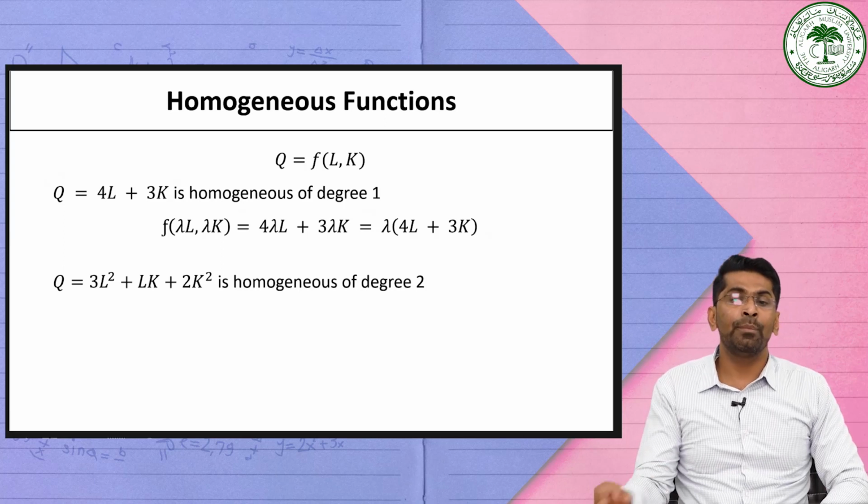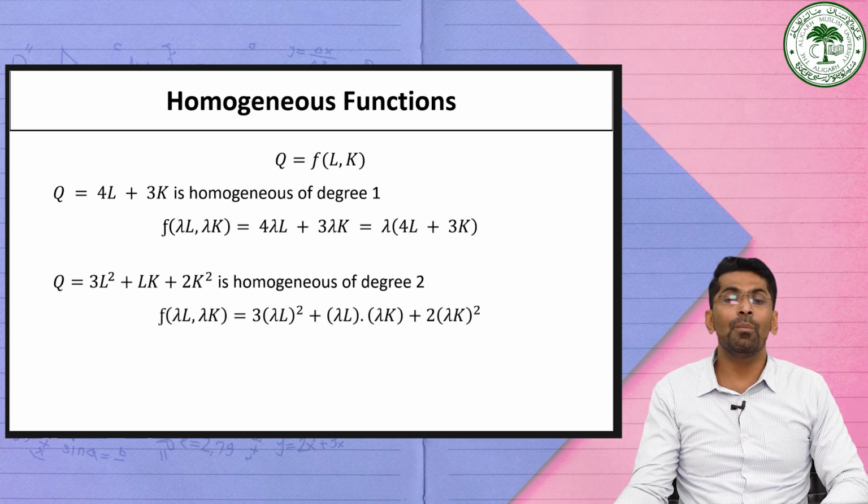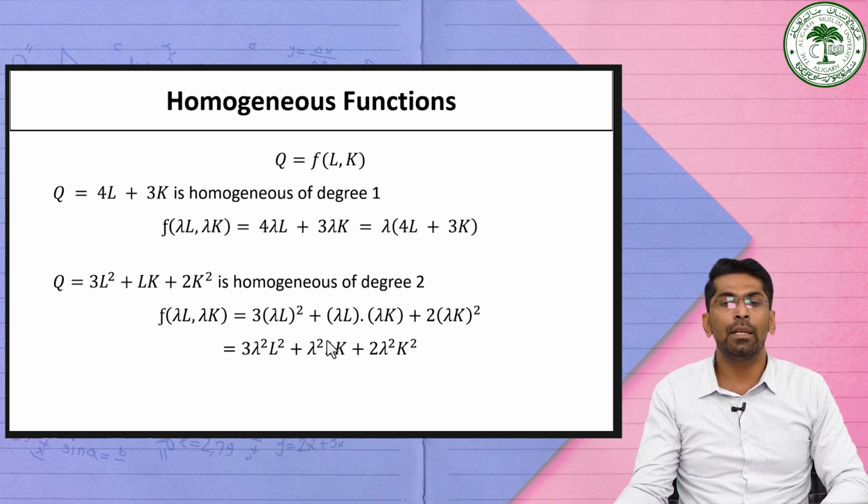Consider another function. See, a production function Q equals 3L square plus LK plus 2K square. It is homogeneous of degree 2. We can prove it. If you multiply each and every element of the given production function, it is 3 into lambda L whole square plus lambda L into lambda K plus 2 into lambda K whole square. So here lambda can be completely factored out. If you remove the brackets, it will be lambda square L square, since lambda and lambda are multiplied, so it is lambda square.